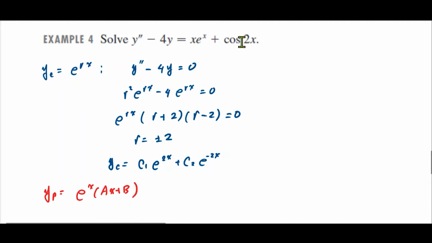Okay, but what about this? Well, cosine and sine. We already used a and b, so c cosine 2x plus d sine 2x. All of it. Then you're thinking, that's a lot of work, isn't it?